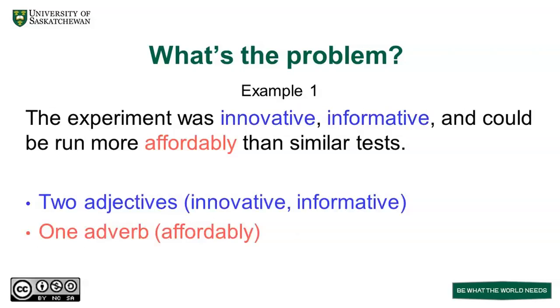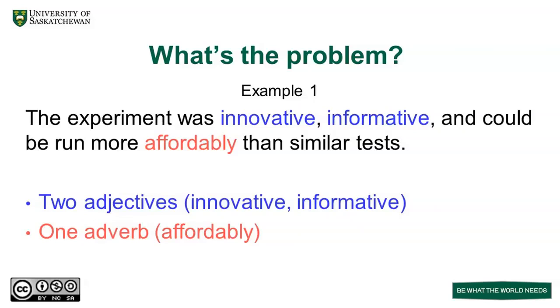So it's initially creating a nice rhythm in reading, but then that rhythm becomes interrupted when we encounter that adverb. So we go from innovative, informative, and then affordably. And it's a subtle difference, but it's enough to potentially distract your reader and pull them out of that sentence a little bit.